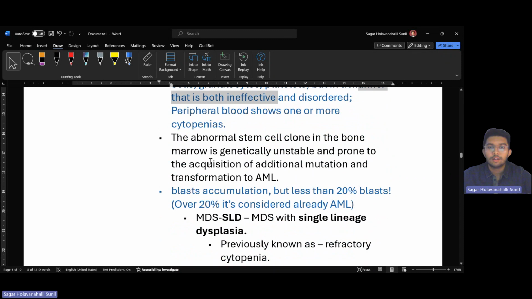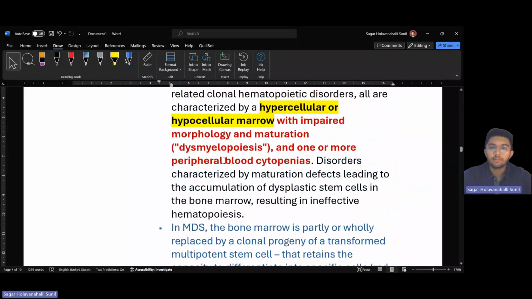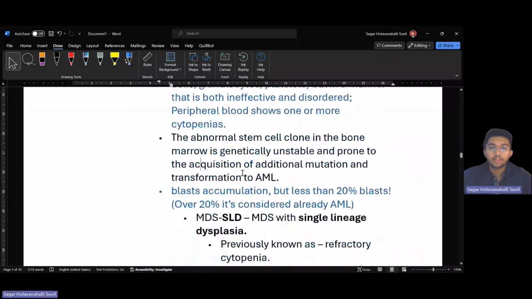So, another point is look at this. The abnormal stem cell clone in the bone marrow is genetically unstable and prone, and they can lead into AML. A lot of these leukemias can go into AML, acute myeloid leukemia, and that's where there is more than 20% blasts. Blast means the primitive stages, right? Erythroblast, for example.